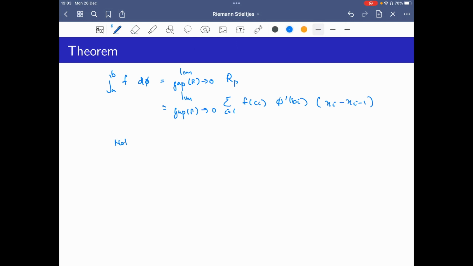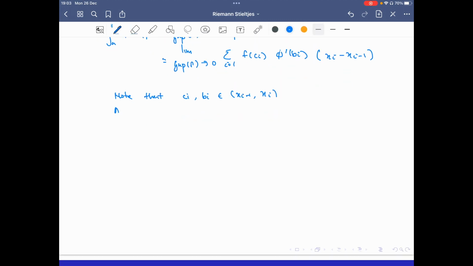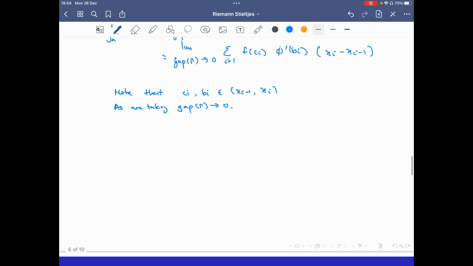So note that ci and bi are both elements of [xi minus 1, xi]. As we take the gap of the partitions to 0, the interval gets closer, because xi minus 1 and xi are getting closer to each other.